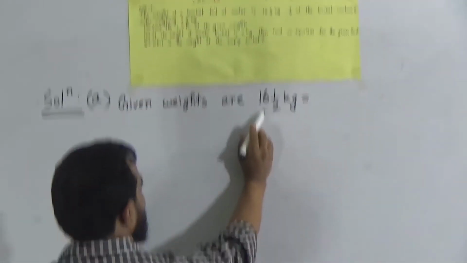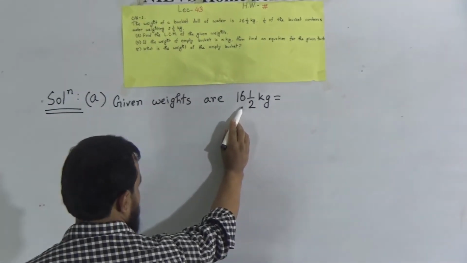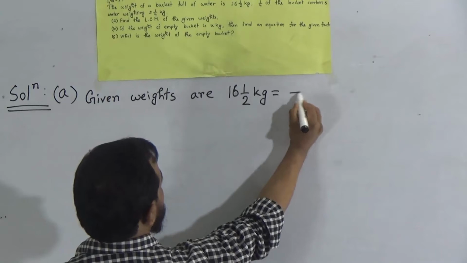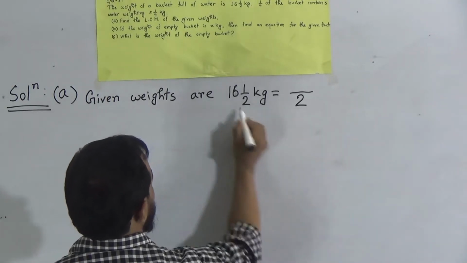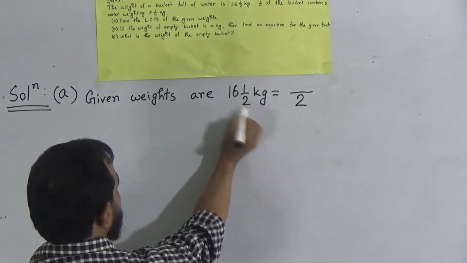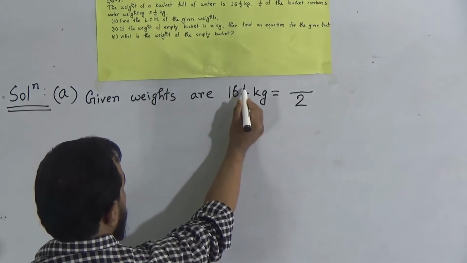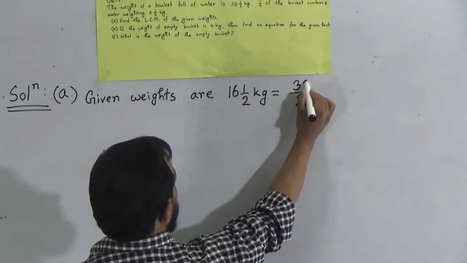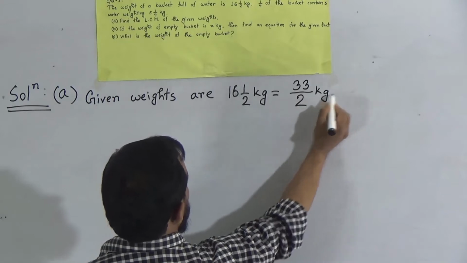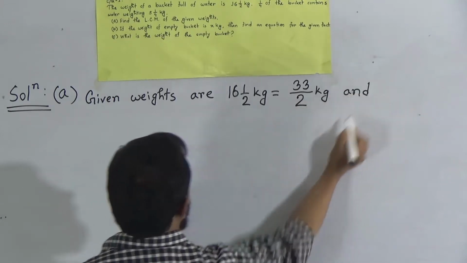We have to write this mixed fraction as an improper fraction. With denominator 2, the denominator multiplied by the whole number, 16 multiplied by 2 is 32, plus 1 is 33, okay. And another fraction is what?